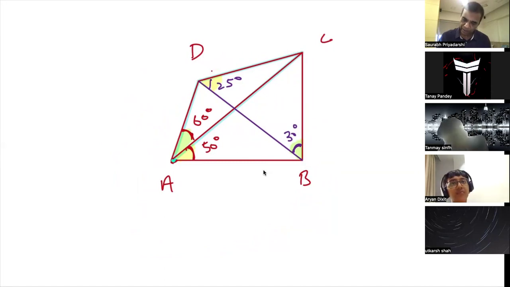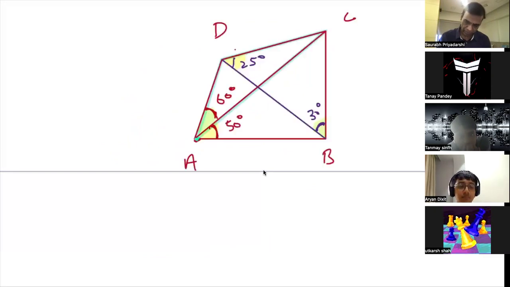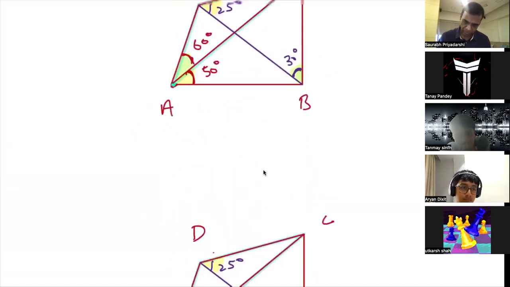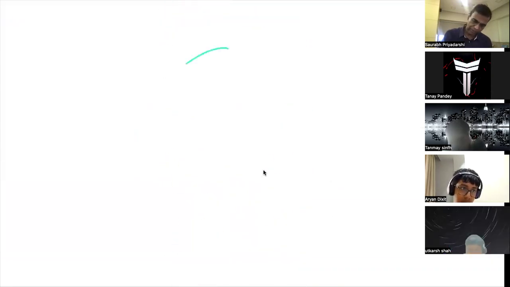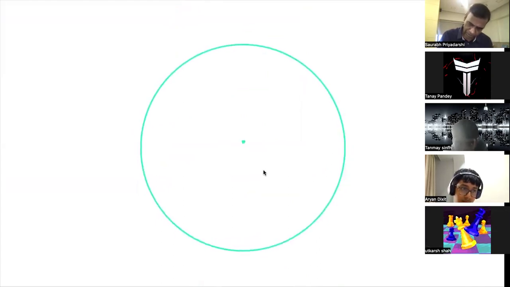This ABCD, I'll do this. First, I'll make a circle. A is the center of this, and B, C, D are points on the circumference.